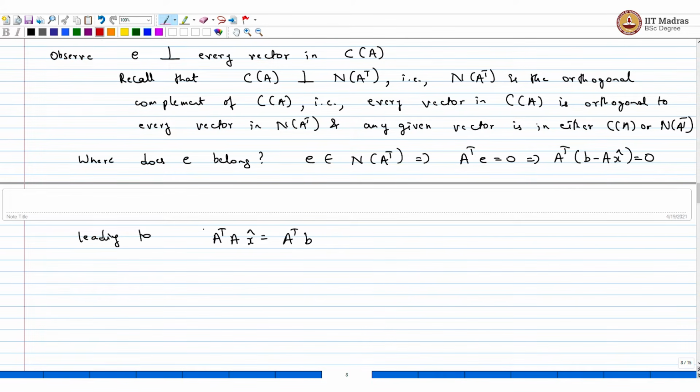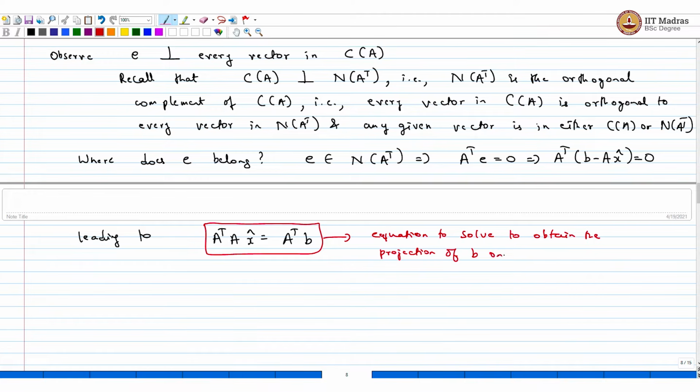This is the most important equation. This is the equation to solve to obtain the projection of b onto the column space.